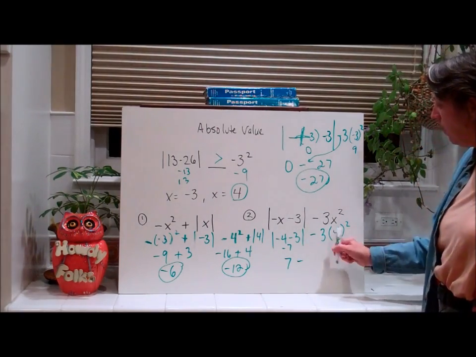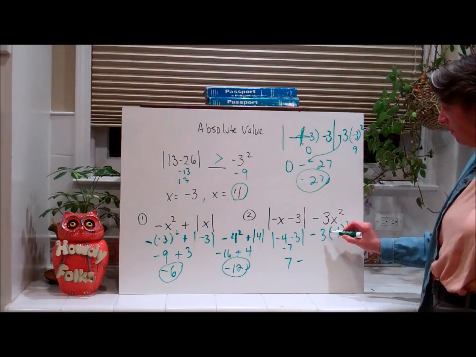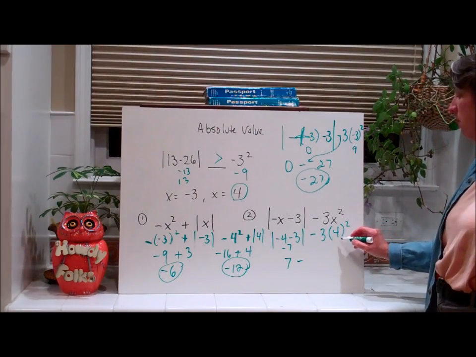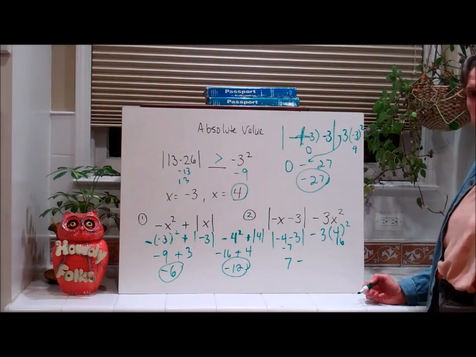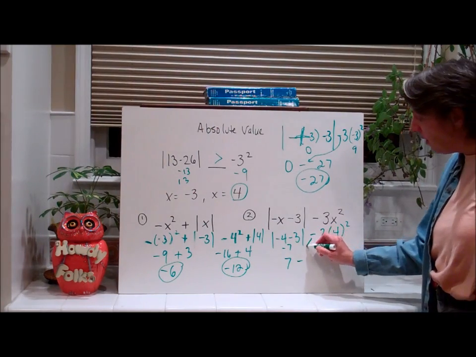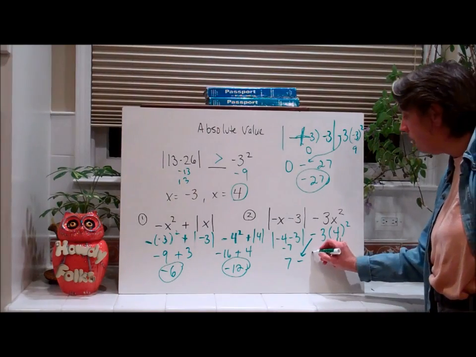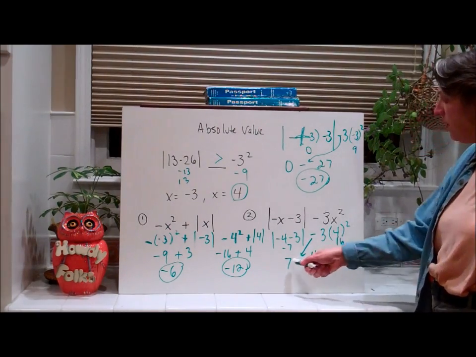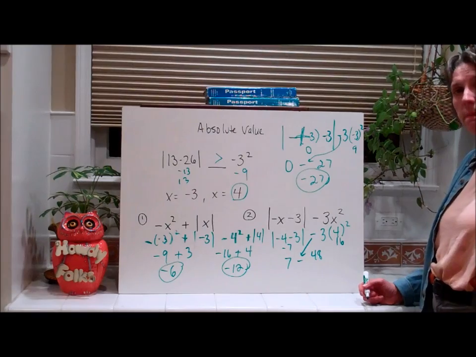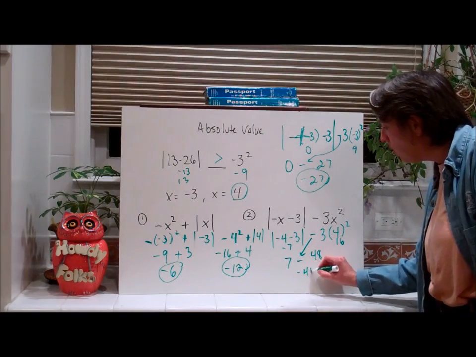Minus, all right, we're going to bring down, we have this 3, and we have 4 squared. 4 squared is 16. And 3, see how we brought down the minus? And 3 times 16 is 48. So we have 7 minus 48. And it's going to be negative 41.